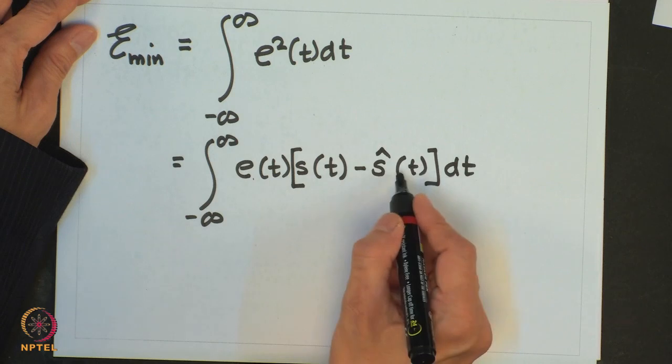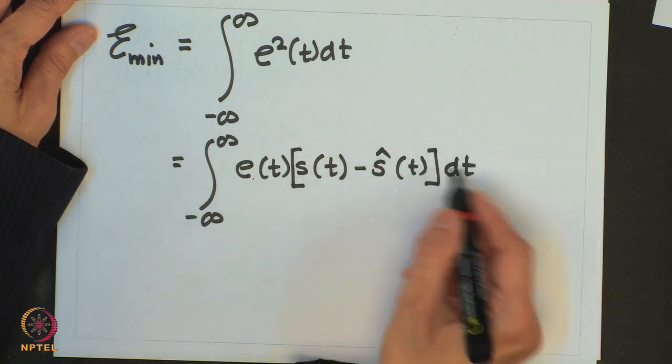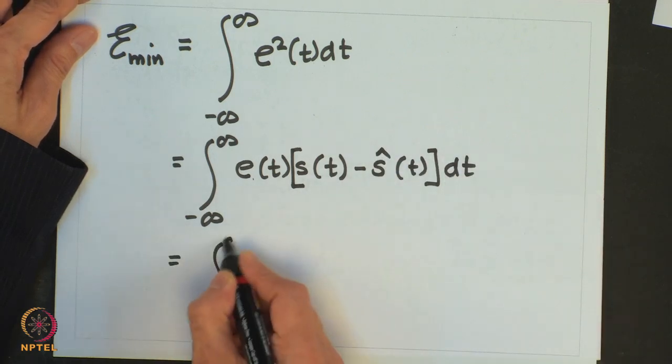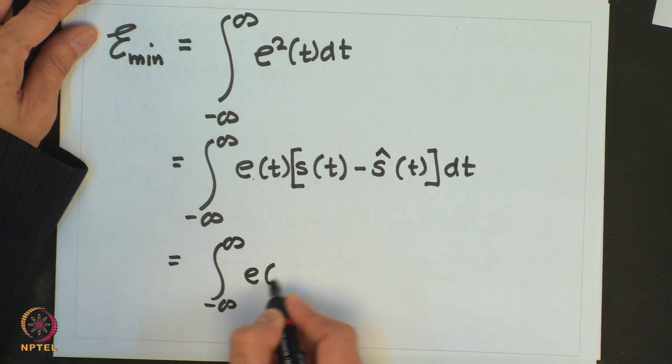Now we know that e(t) and s hat(t) are orthogonal, so this turns out to be this quantity.